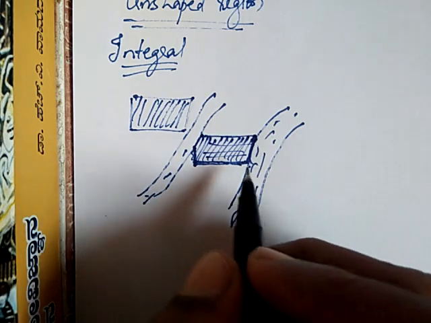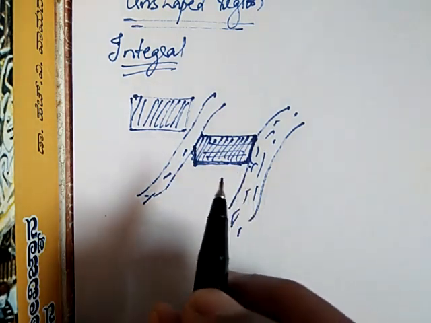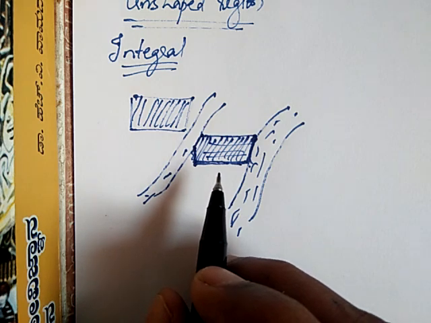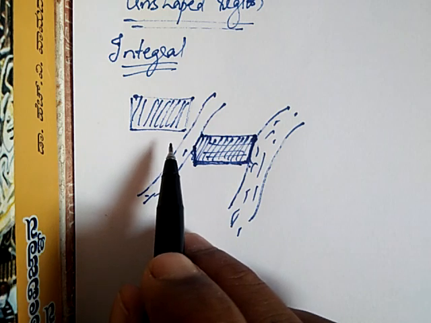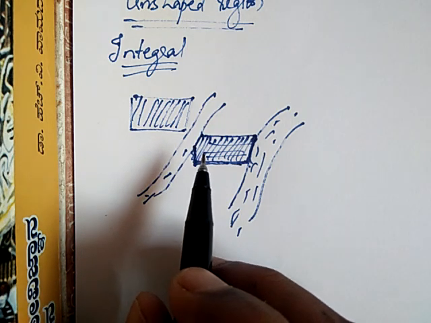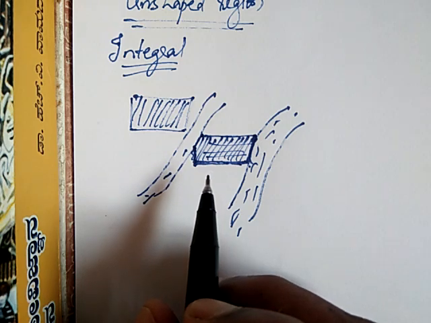You can say the area enclosed by this one. It will be very useful: if you use integration we can find the area for unshaped regions or unshaped figures. Okay, I think you are getting what I am going to tell.